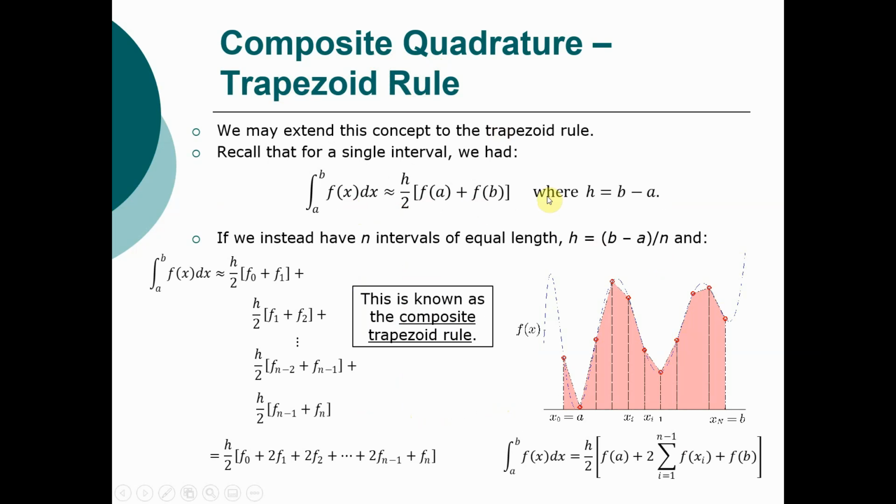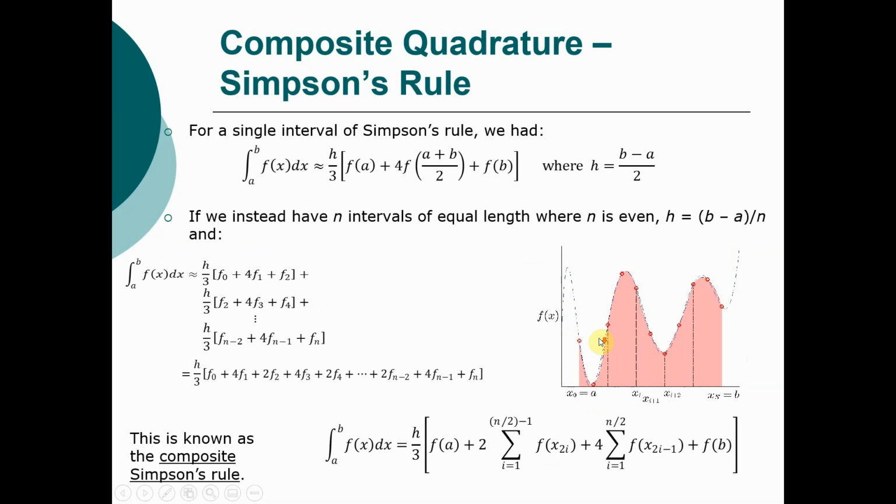So here you see how it's applied on this function. So this is the composite trapezoid rule. For the midpoint rule or for Simpson's rule, it's the same thing. This is the composite Simpson's rule, right? So this is one interval, this is another one, this is another one, this is another one, and so on. Okay.